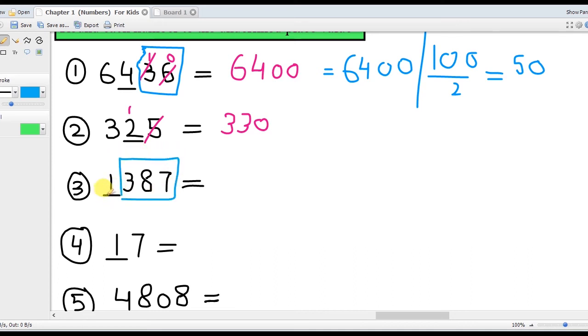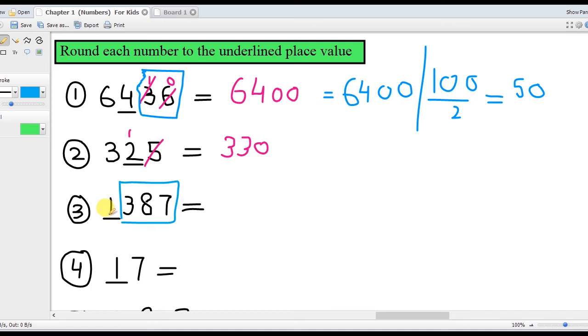Since we have to round it to the thousands place, what is half of thousand? 1000 divided by 2 will give you 500. Now look at this number. Is this less than 500 or more than 500? It is less than 500. So we simply round down. So round all these digits to 0. So this will become 1000, right?